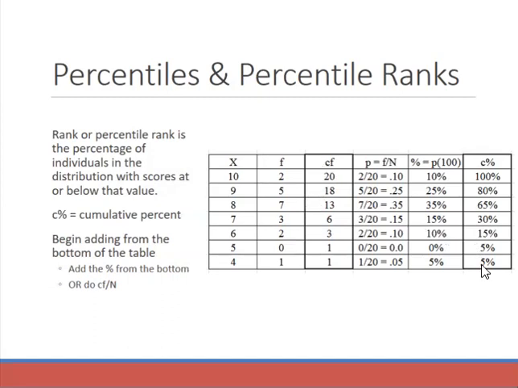So 5% got a score of 4, no one got a score of 5, 10% got a score of 6. So we can say that 15% of people got a score of 6 or below on this scale. Another way you could calculate it is you could do the cumulative frequency and divide by n, or the number of scores.